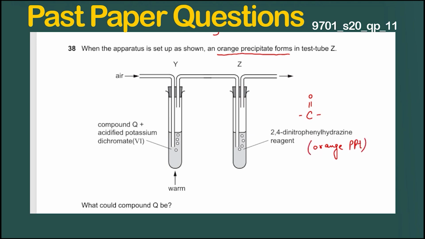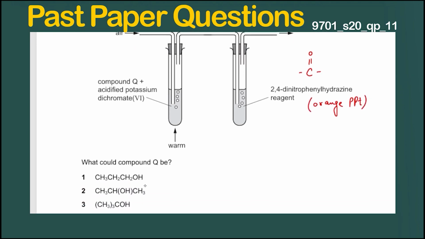All right, so let's have a look here. This is alcohol. Beta ji, from the oxidation of primary alcohol we can get aldehyde, because here you are observing that compound Q is oxidizing and aldehyde will form.